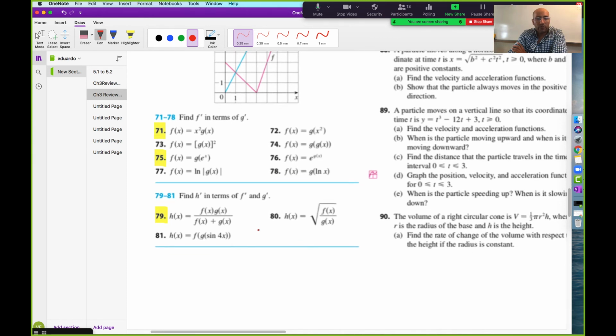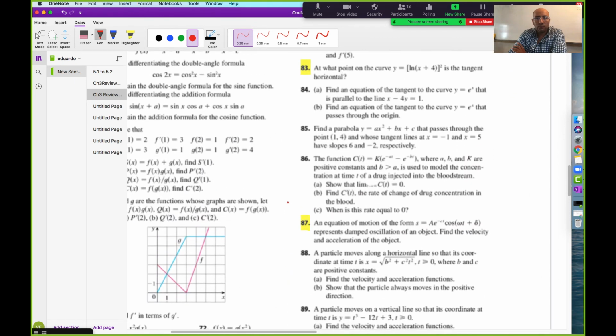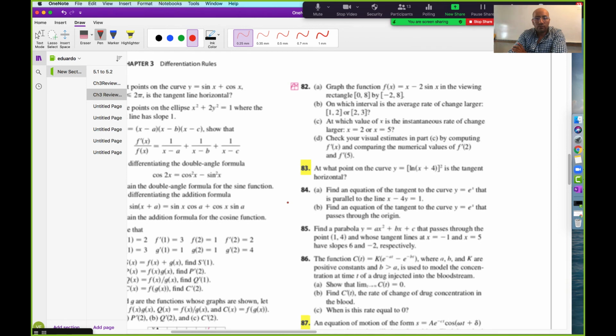I think you can do those. At what point is this curvature tangent to the horizontal? Is the tangent horizontal? So find the derivative of this function and then figure out when it equals 0.